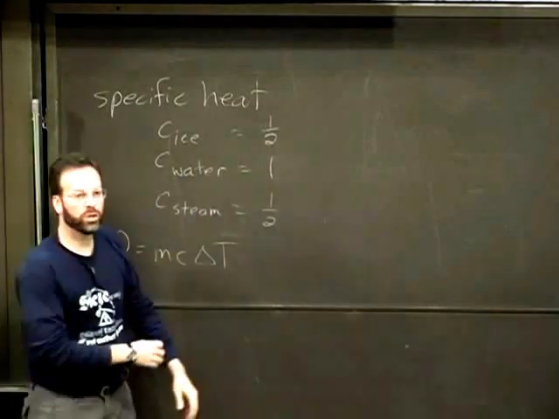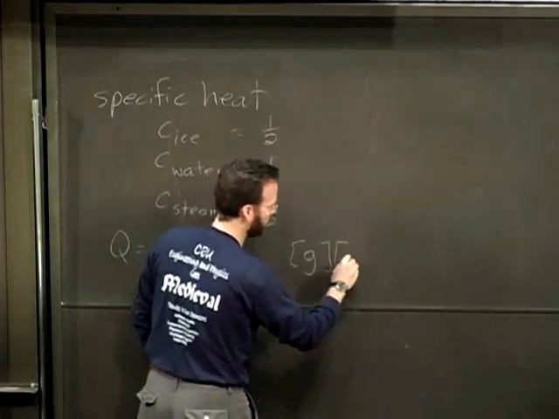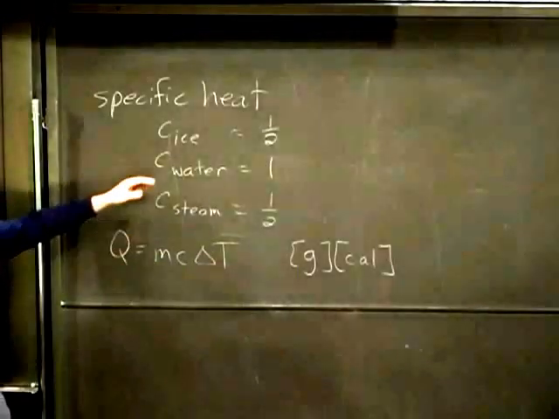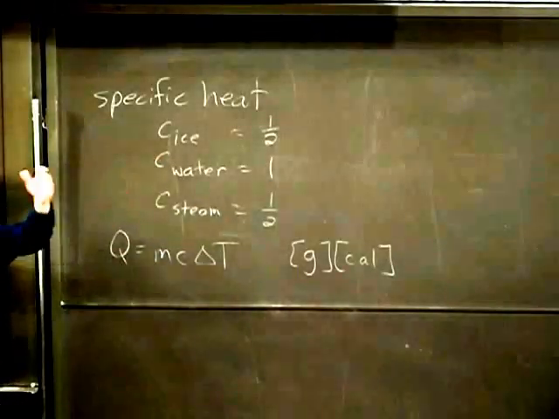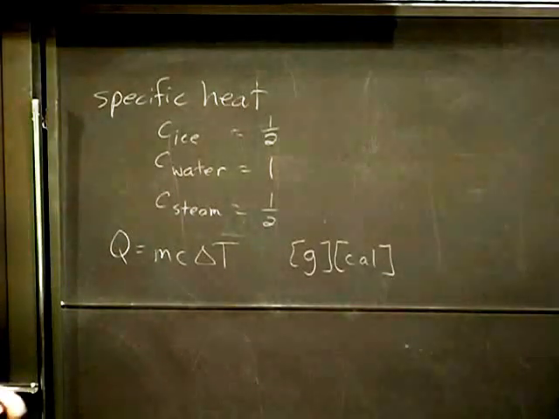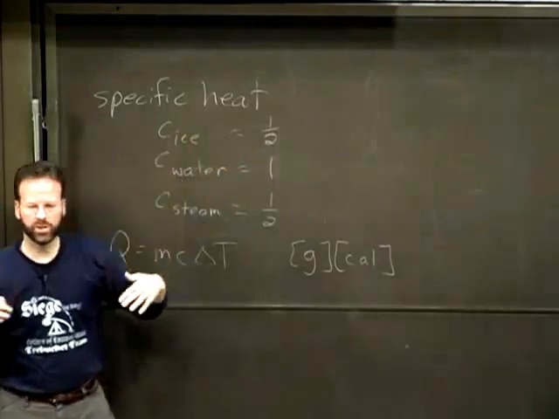This is for if you're using grams and calories, because that's what the book is using. For water, it's 1. That's the one they talk about a lot, but they never explicitly say the specific heat of water is such and such. They keep talking about if you have 1 gram of water, because that's the easy way to remember this.